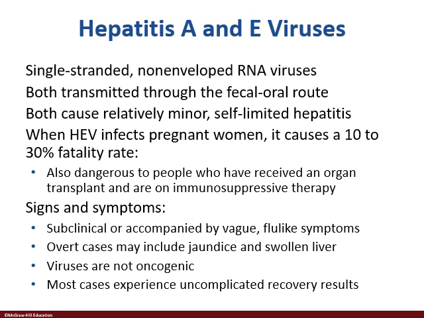Hepatitis A and E viruses. We're going to do A and E first, first and fifth. Single-stranded, non-enveloped RNA viruses. These are going to be fecal oral. You ingest fecally contaminated water, food, virus starts to infect. Virus spreads.